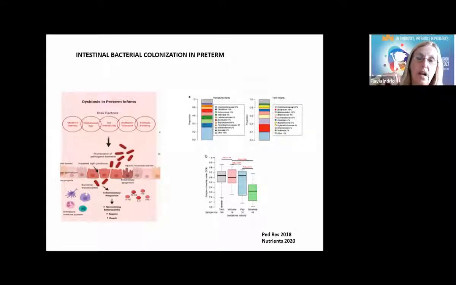We have detrimental gut dysfunction, a detrimental maturation of the intestinal function, and a high risk of developing diseases like necrotizing enterocolitis, and so on. So we need to be very careful in curing and preventing this dysbiosis that happens in the preterm.